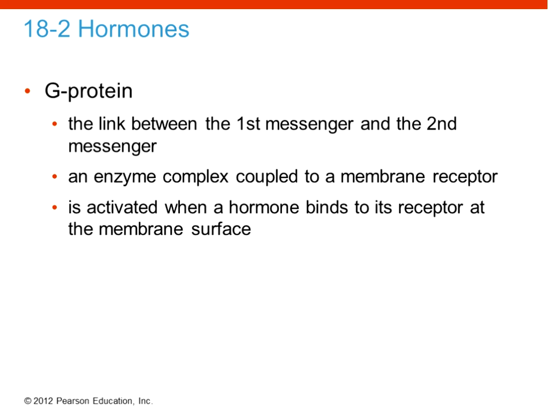All right, so when a hormone binds to the cell membrane, as I said, we call it the first messenger because it's really not having a direct effect on the target. And so once that binds, in order to get the secondary messenger, we need this G protein to become active. And G protein is an enzyme complex bound to that membrane receptor that becomes activated when the hormone binds at the cell membrane surface.